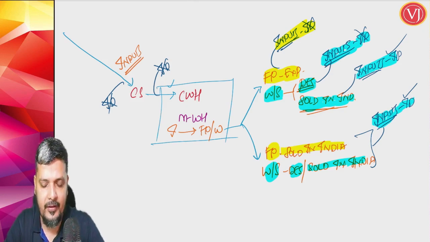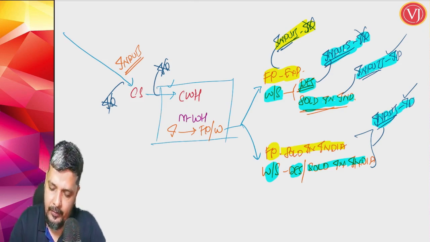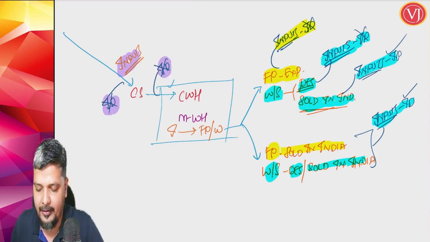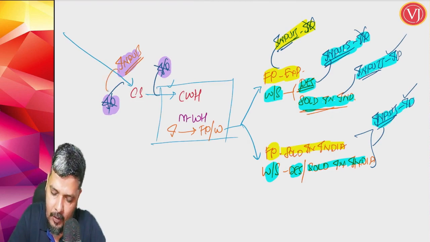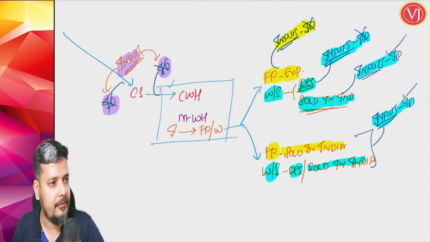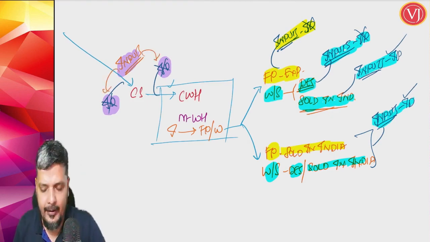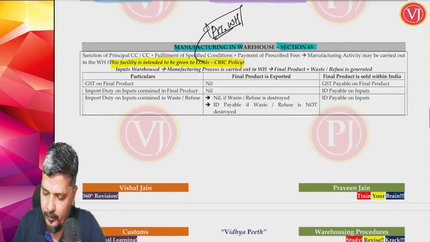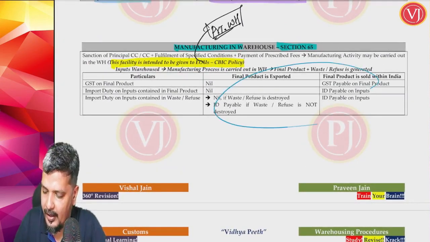When inputs are initially imported, no import duty. When it is taken to warehouse, no import duty. Later on what happens, we have discussed. Very logically these provisions are given.